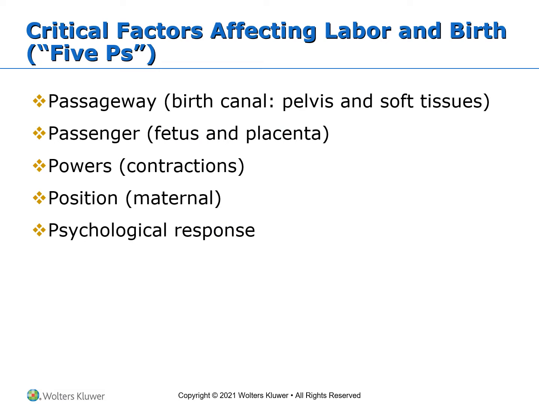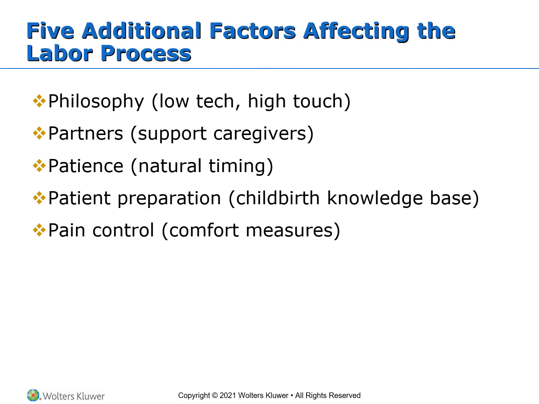So these are critical factors that affect the process of labor and birth, which we will discuss more in depth. It's the passageway, passenger, powers, position, and psychological response. Also, 5 additional factors per your book that affect the labor process: philosophy, partners, patients, patient preparation, and pain control.